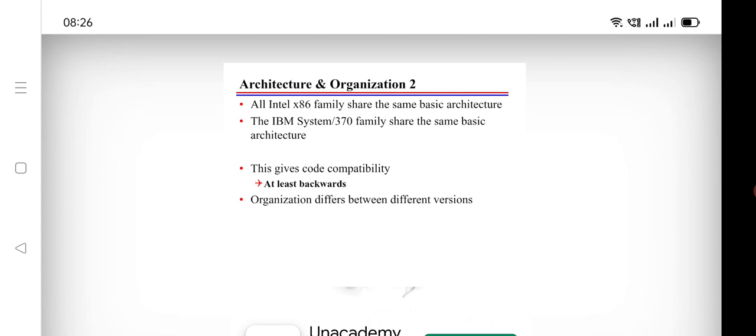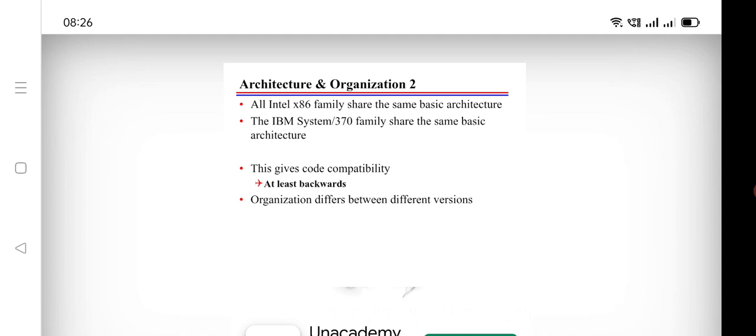Now let us again see what you actually mean by organization. As you know, Intel has come with different types of processors, for example i3, i5, i10, and so on, dual core, and so on. All these processors have the same architecture, but the organization of the components inside the particular processors differs from one version to another.